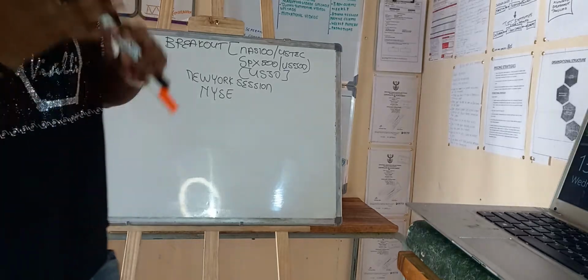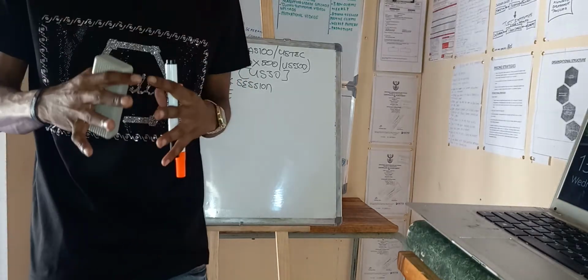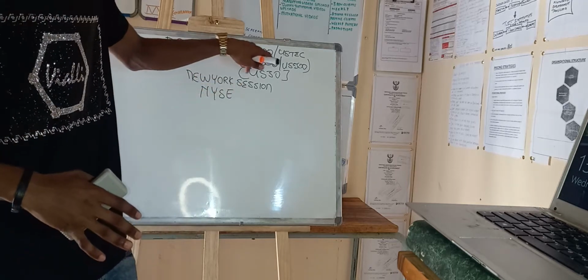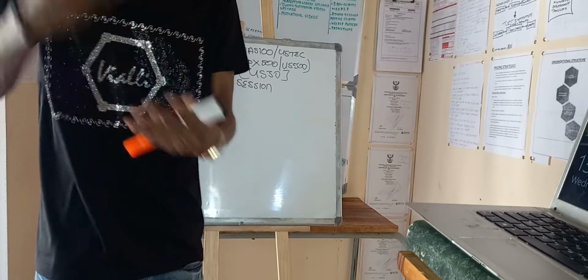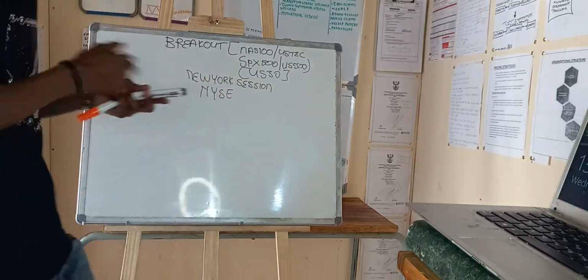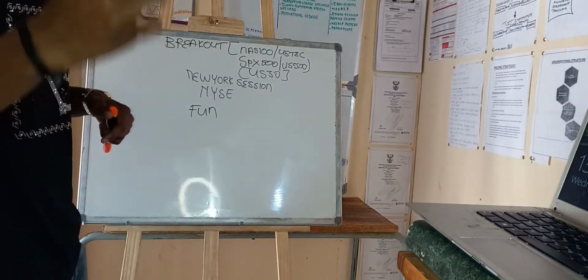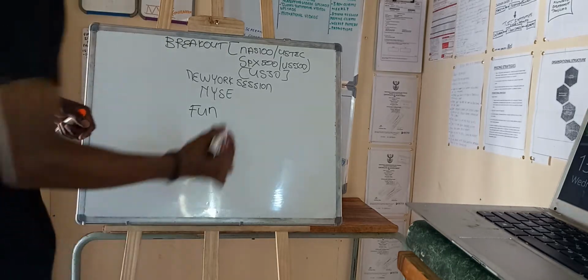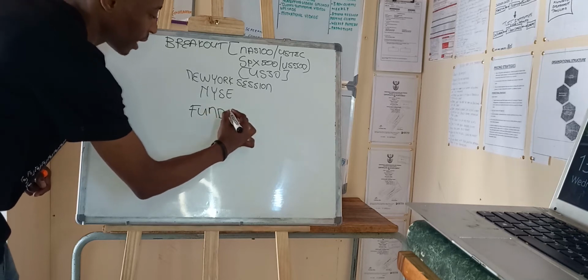The reason why we trade this on the New York session is that once it starts, that's when NAS 100 or NASDAQ, SPX 500 and US 30 start to move. Why? Because of this. Now, I'm going to talk about the time zone of South Africa, and you can also just convert the time.